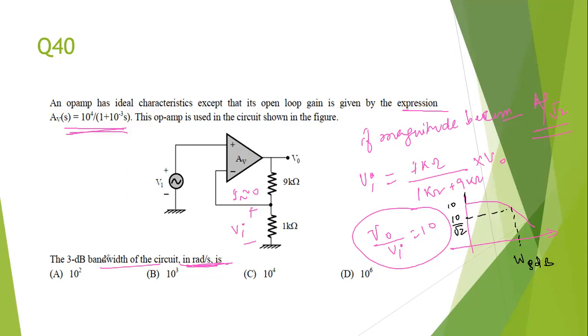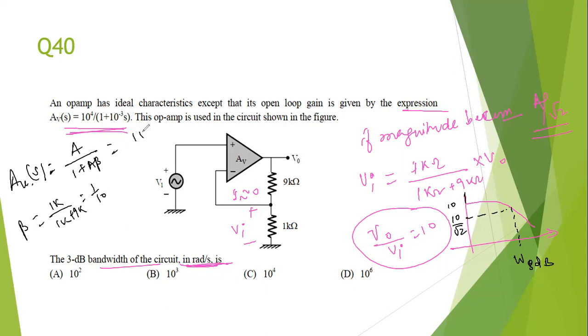So at what frequency is this equal to 10 by root 2? Just put here the magnitude, you will get AVS. The closed loop transfer function is the open loop transfer function A upon 1 plus A beta. Beta is 1K upon 1K plus 9K, which is 1 by 10.